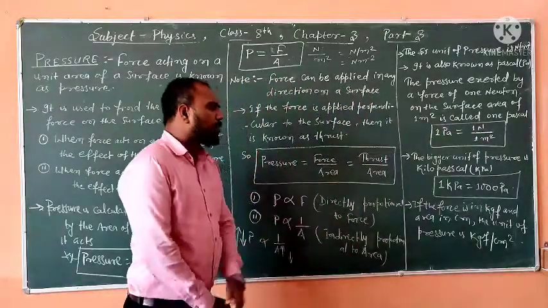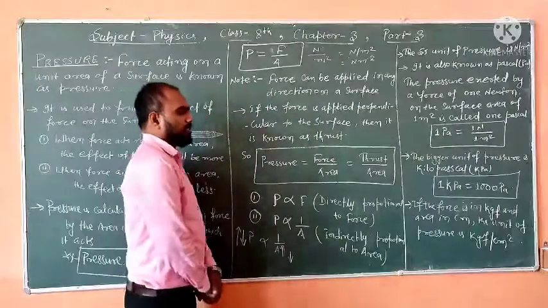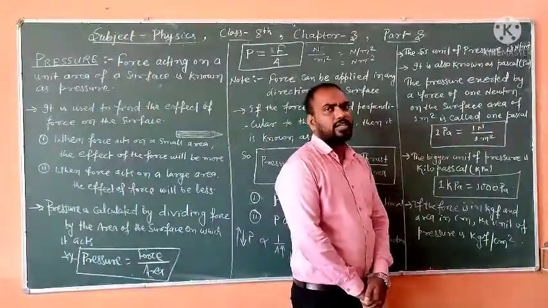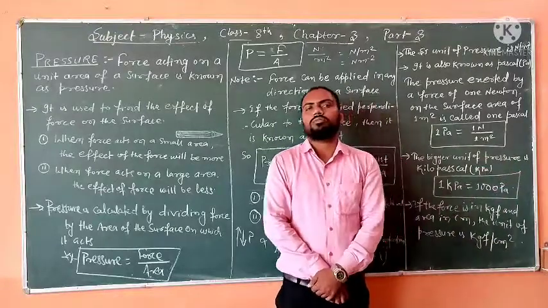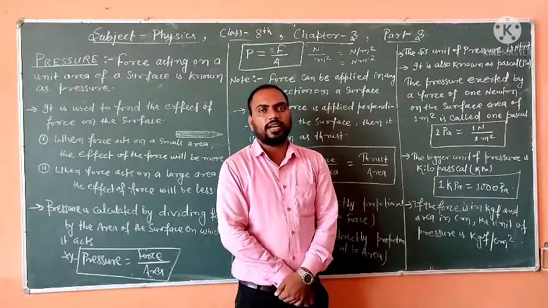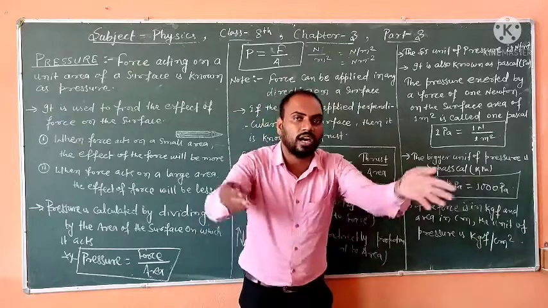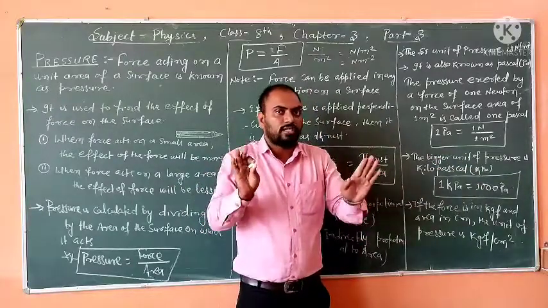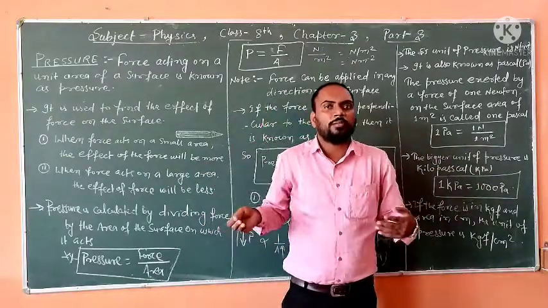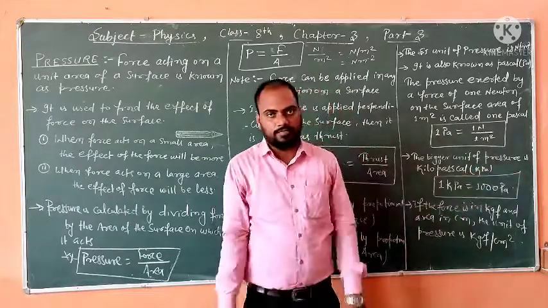The bigger unit of pressure is kilopascal. What do you mean by kilo? If I say 1 kilo mobile, it means 1000 mobiles. 1 kilogram means 1000 gram.